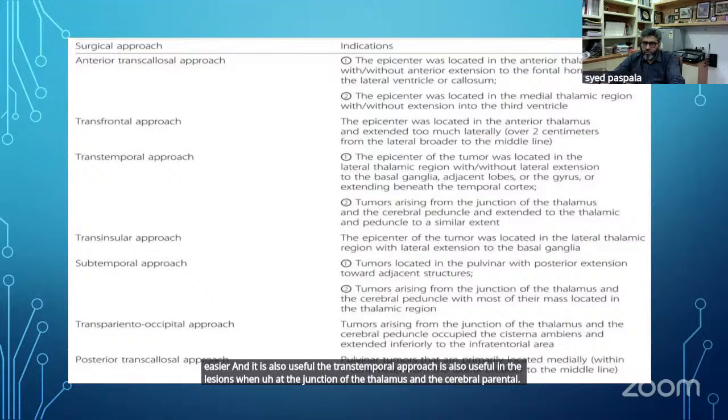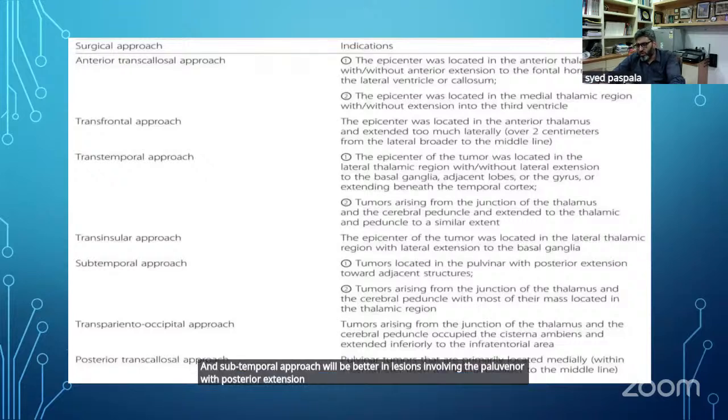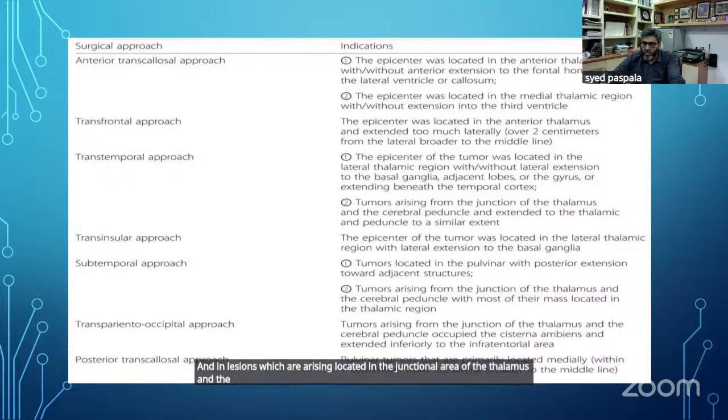And a transinsular approach for the lesions which are located in the lateral part of the thalamus with extension into the basal ganglia. And a subtemporal approach will be better in lesions involving the pulvinar with posterior extension over to the adjacent structures, and in lesions located in the junctional area of the thalamus and the cerebral peduncles.